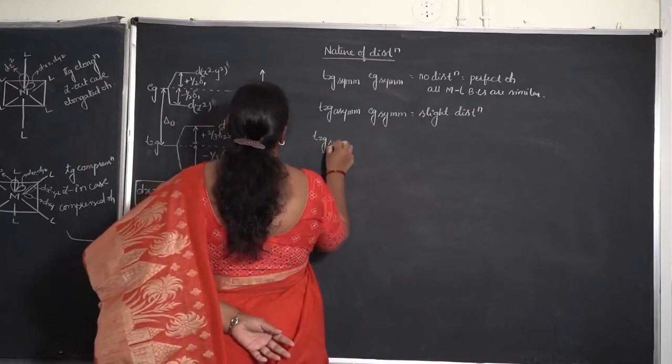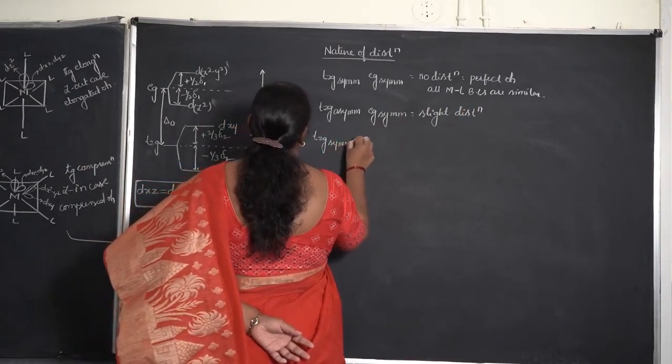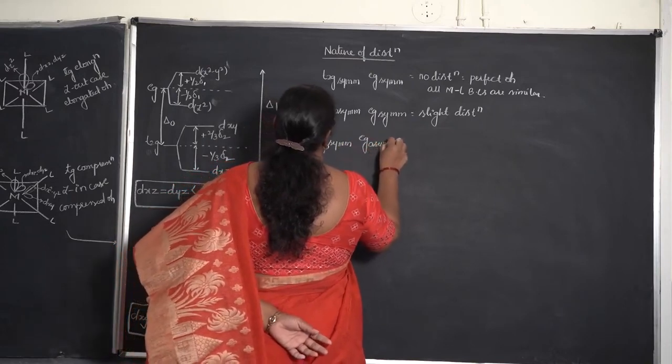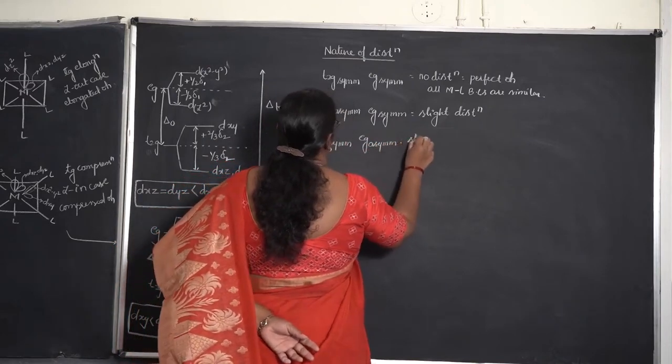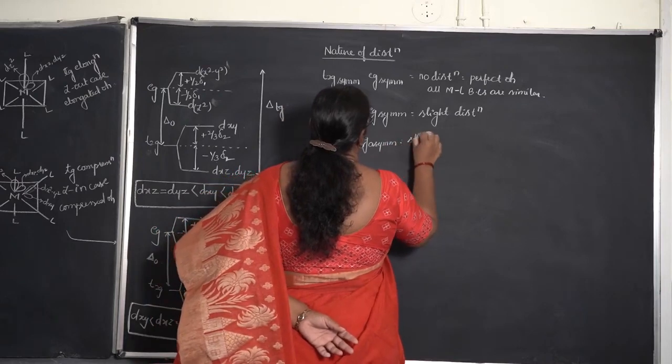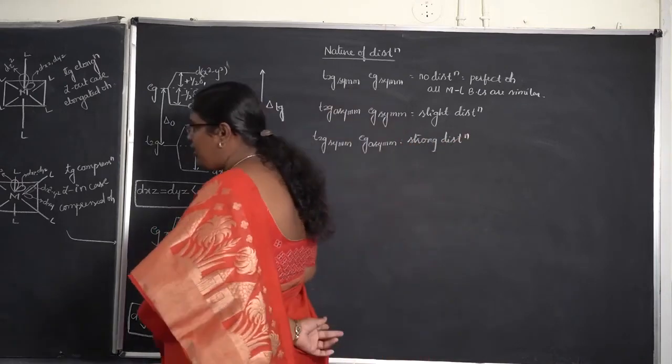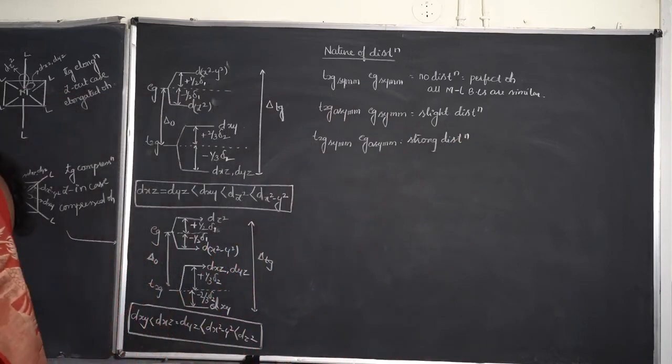And if T2G is symmetric and EG is asymmetric, we have strong distortion. So what is the difference between the slight distortion and strong distortion? It is just a matter of difference in bond lengths.